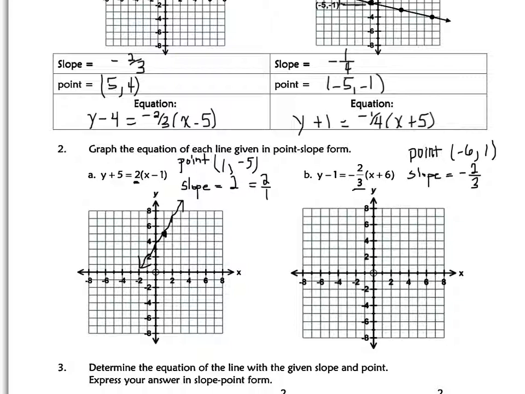So we're going to plot -6, 1, and then count the slope. So down 2, right 3, down 2, right 3. If we go up 2, we can't really go left 3 unless we go off the grid, so that's good enough. Those points there we'll just draw.